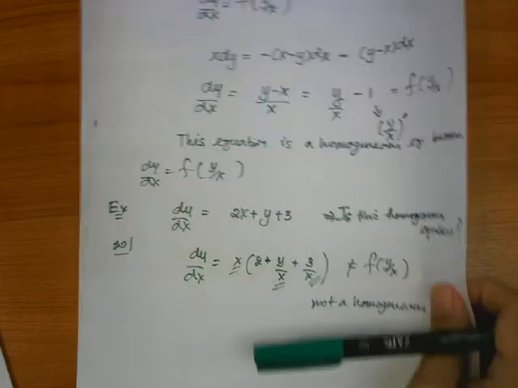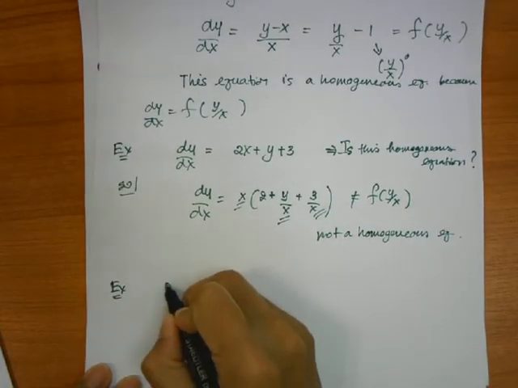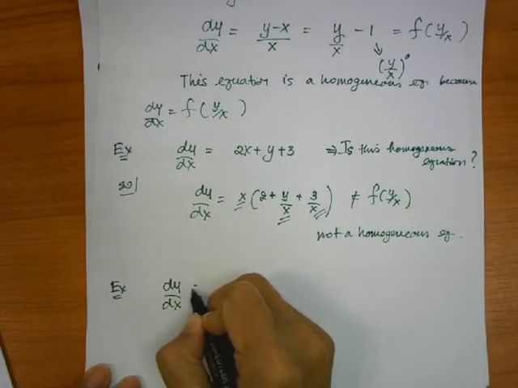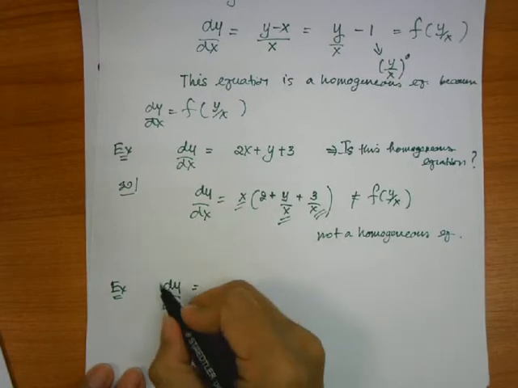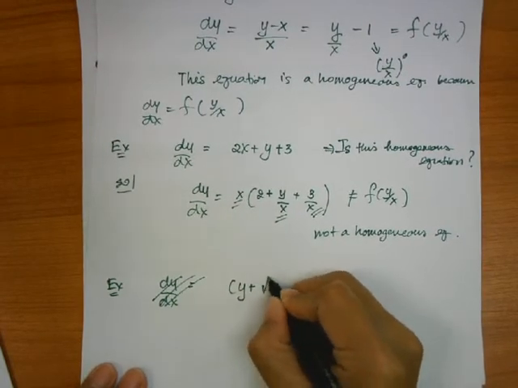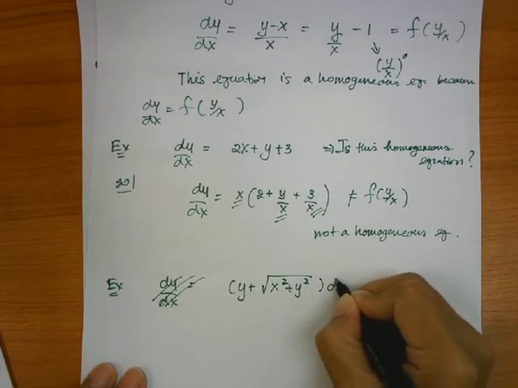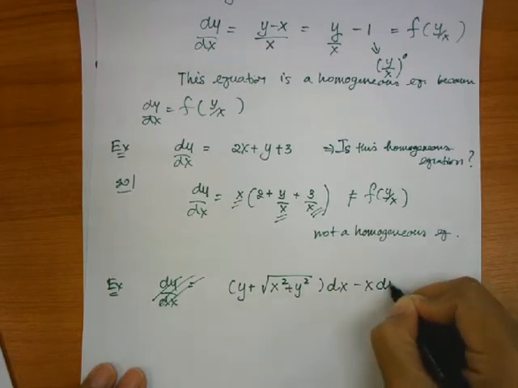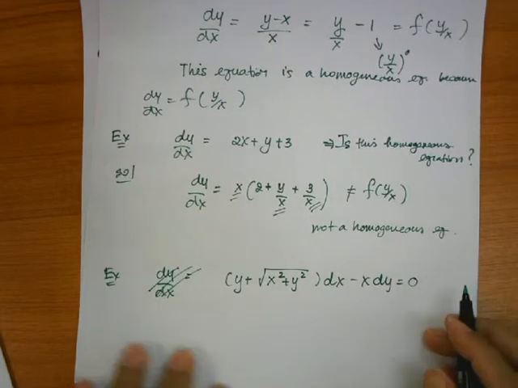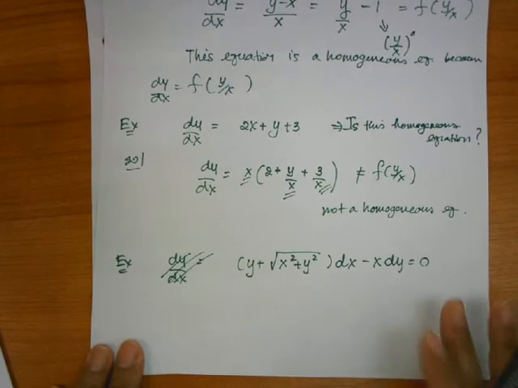If I have y plus square root x squared plus y squared dx minus x dy is equal to 0, the question is whether this equation is a homogeneous equation.